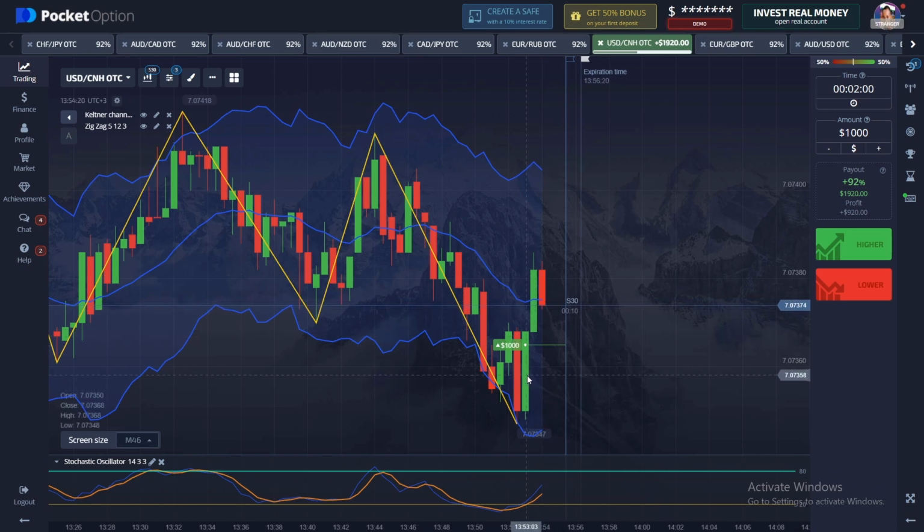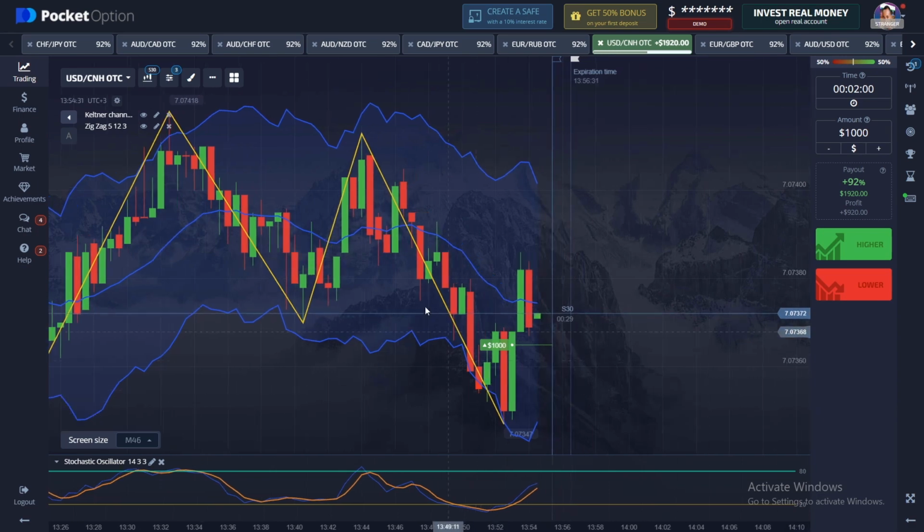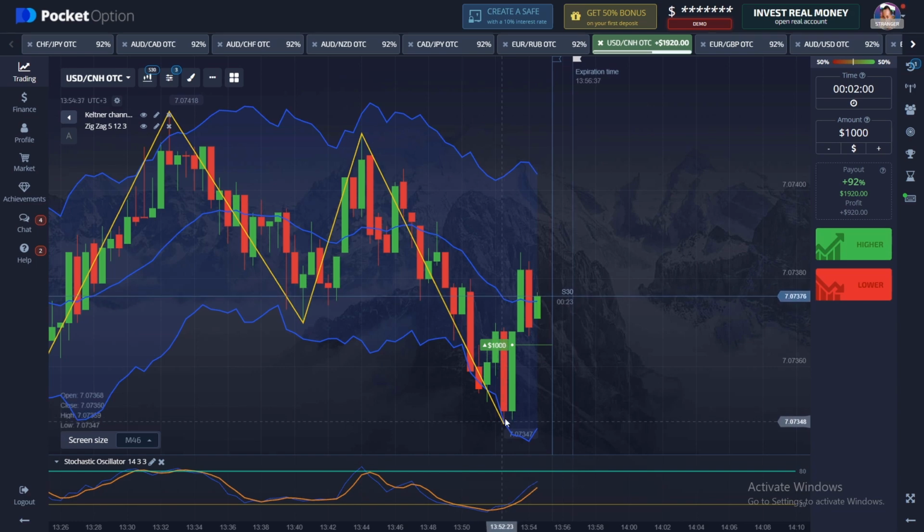So I repeat again: if the price is going down, make sure this red candle has closed below or near the Keltner Channel. Secondly, the zigzag line has to be at the peak of the bottom of the red candle, and we have to be sure there is an opposite candle going up, starting to go in the opposite direction.